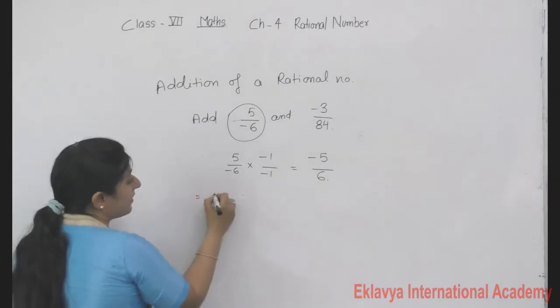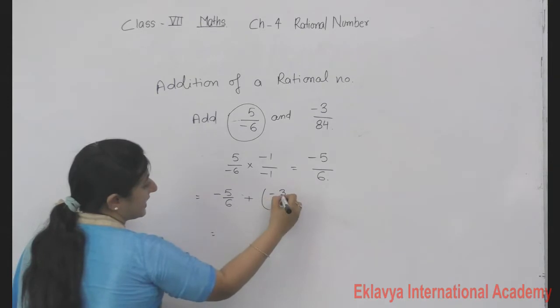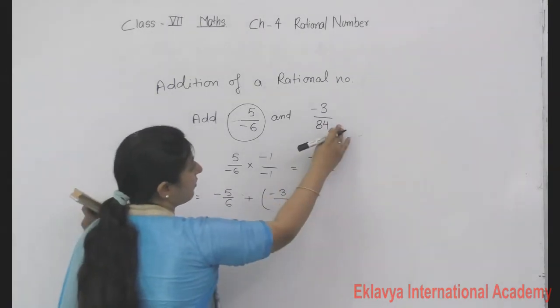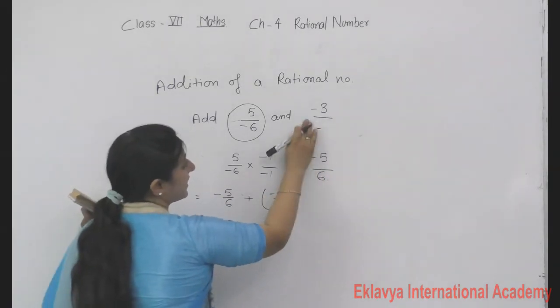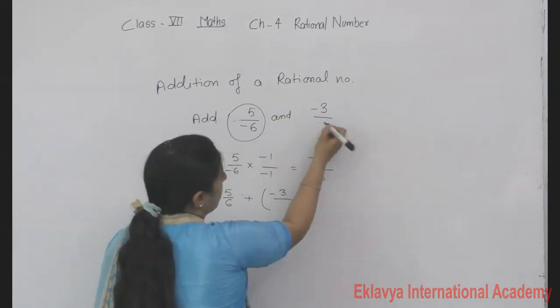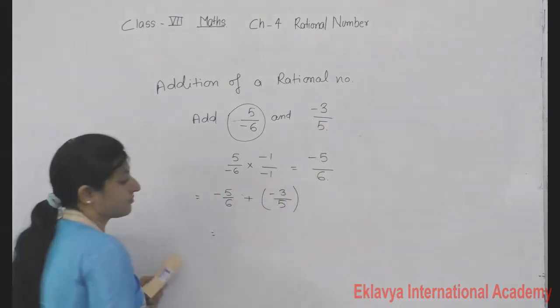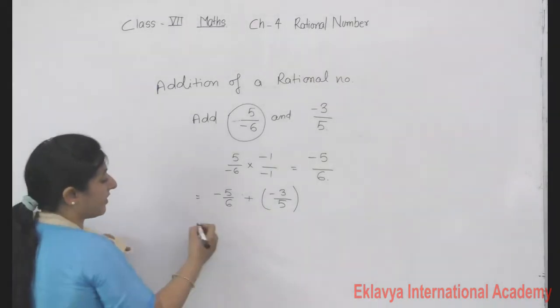Now add minus 5 by 6 plus minus 3 by 84. Don't take it like that because we can cut it, so we take something else. Suppose I take minus 3 by 5.